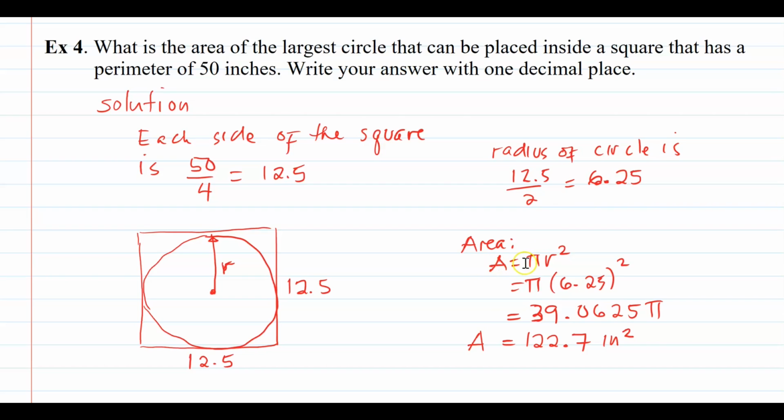The area is given by pi r squared, where r is 6.25. So 6.25 squared is 39.0625. Multiply it by pi, so the area is 39.0625 pi. And we multiply the value of pi with 39.0625. Therefore, the area is 122.7 inches squared.